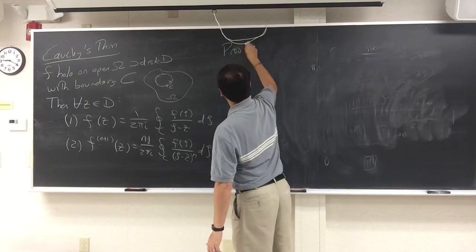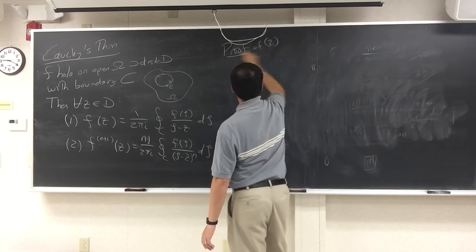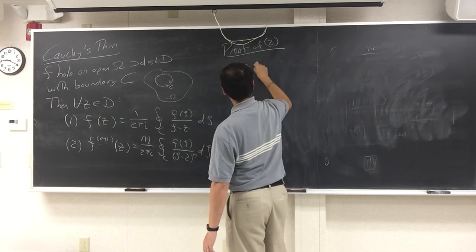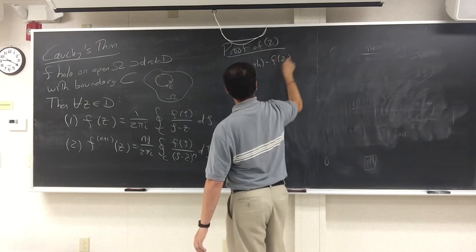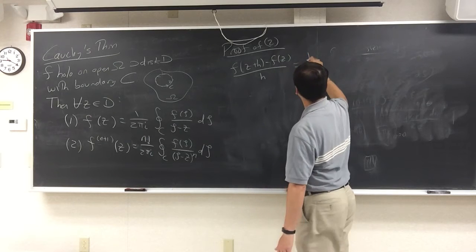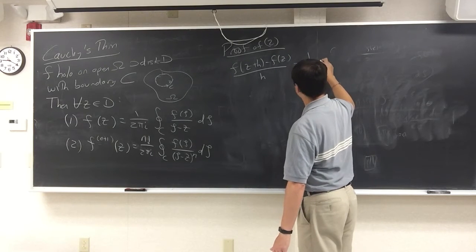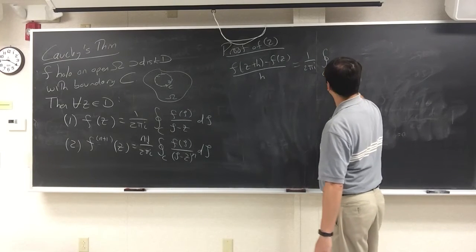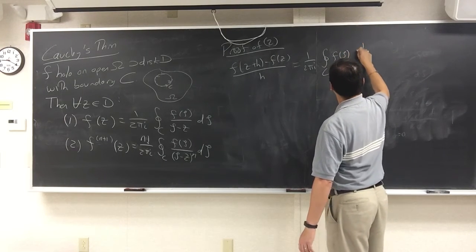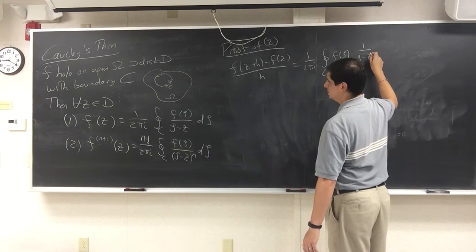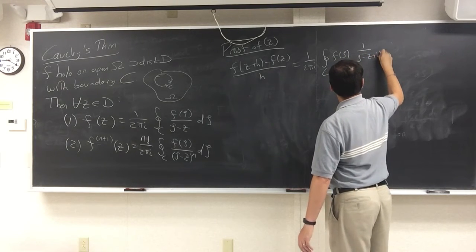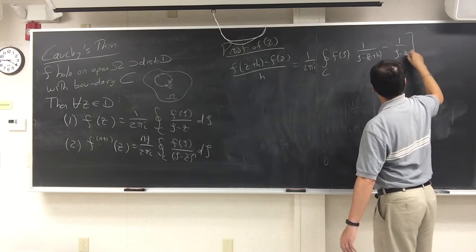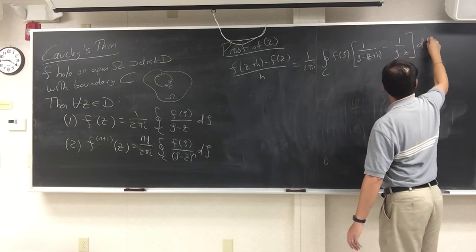So let's go to proof of 2. So (f(z+h) - f(z))/h is 1 over 2 pi i, the closed integral over C of f(zeta), and then 1 over (zeta - (z+h)) minus 1 over (zeta - z), d zeta.